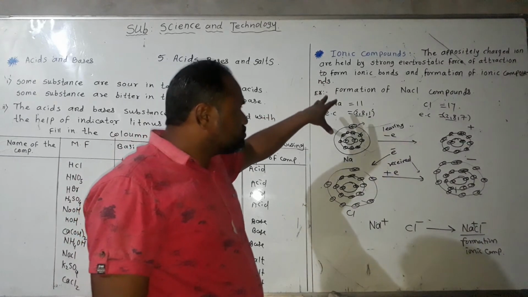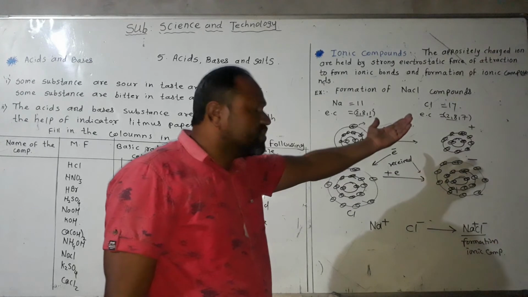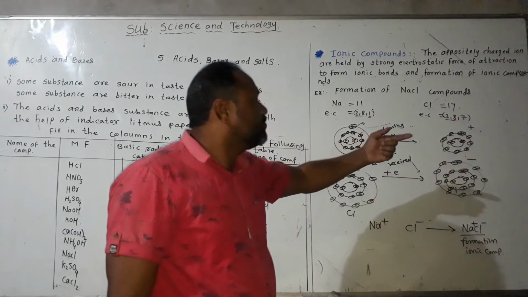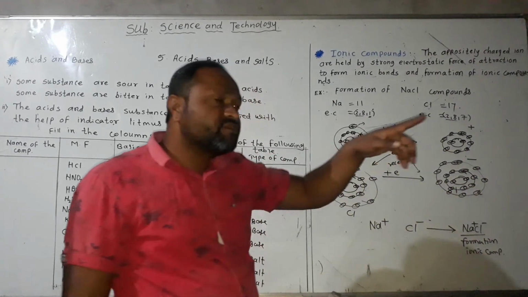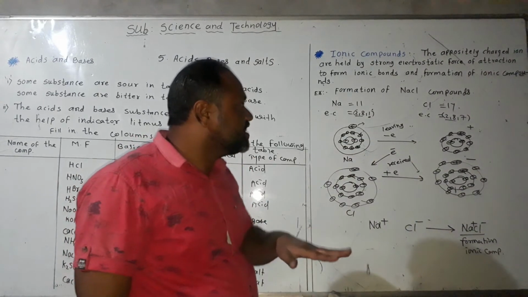What is meant by ionic compounds? When sodium leaves one electron from its last shell, and the Cl atom takes up one electron, sodium gets a positive charge and Cl gets a negative charge.